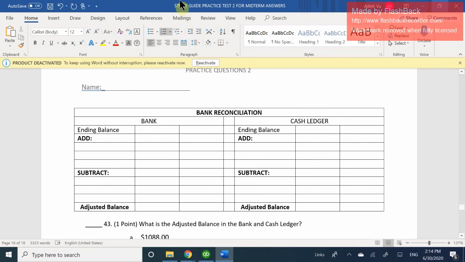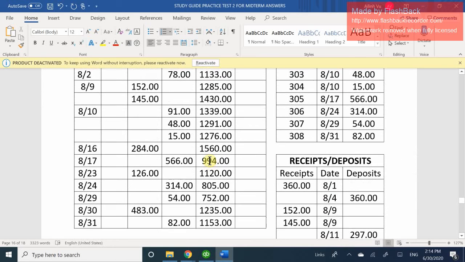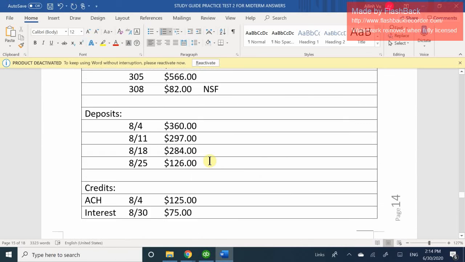The bank side. Okay, so what do you do? What do you need to start off first with? That is the wrong side. You need the ending balance. Where do we find the ending balance?